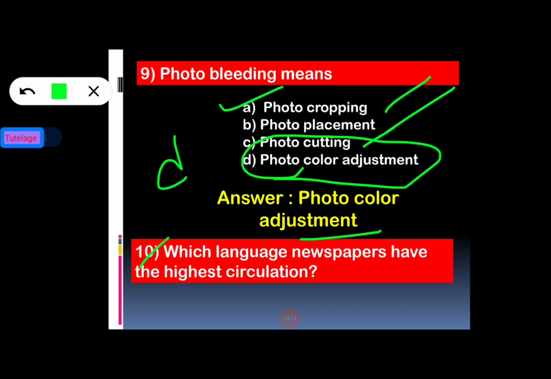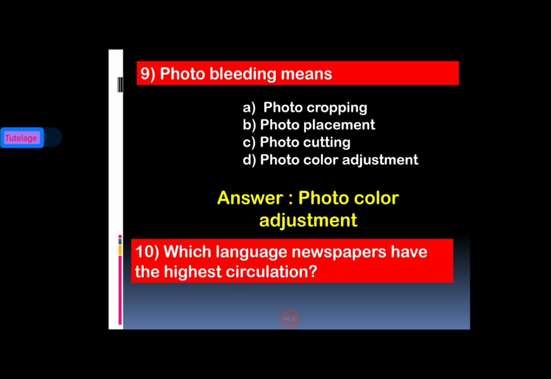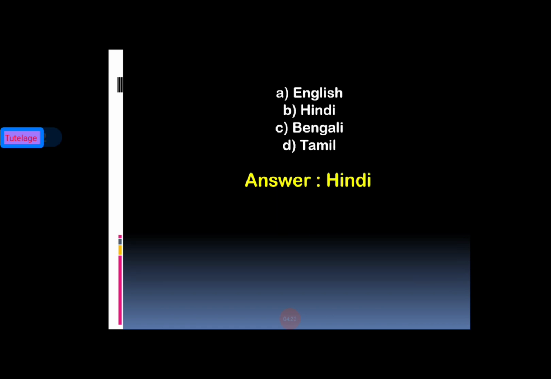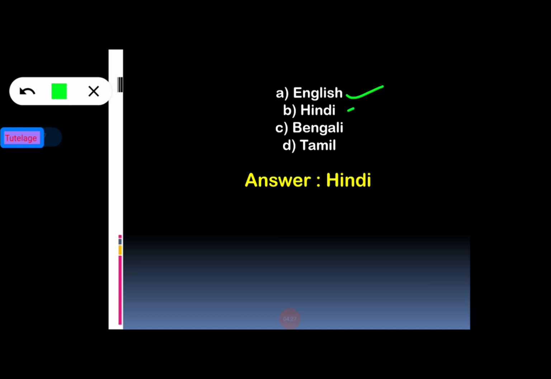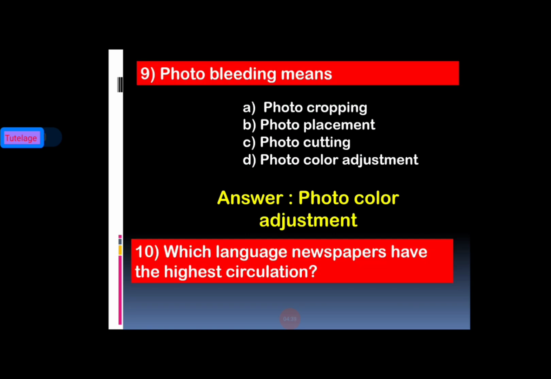Now going to the last question for today's session, which language newspapers have the highest circulation? So now going to the next slide, and here we can see our four options: English language, Hindi language, Bengali language, and the Tamil language. So we all know Bengali and Tamil are basically state languages. So that's why it is impossible for them to have the highest circulation newspapers.